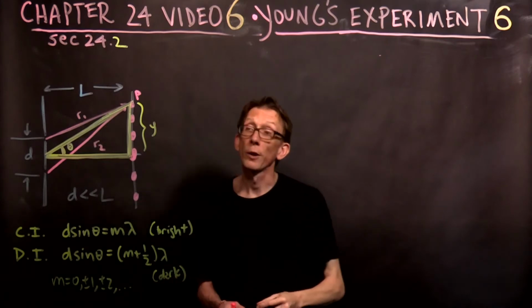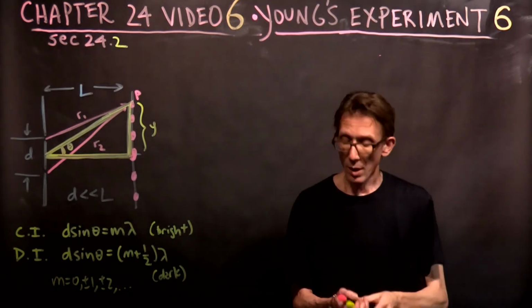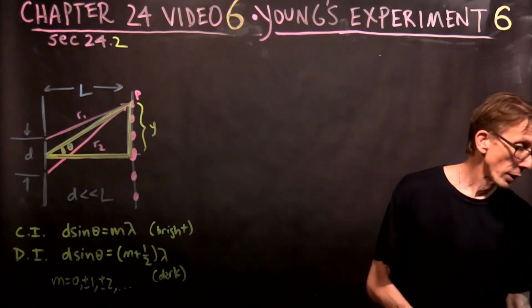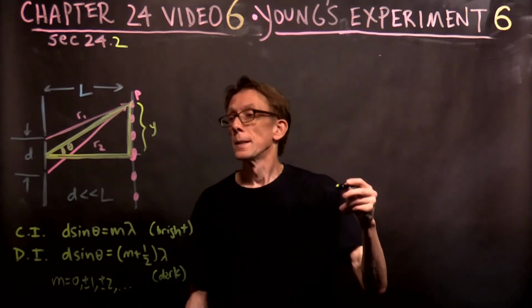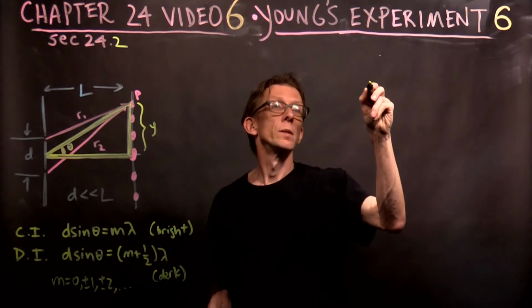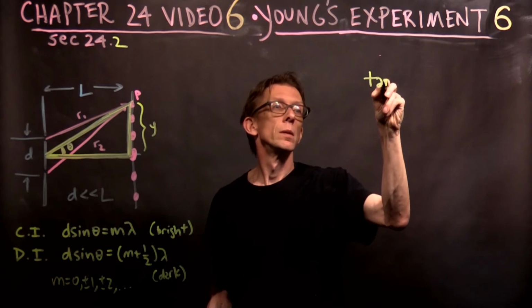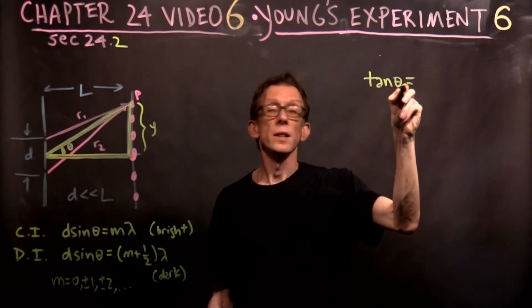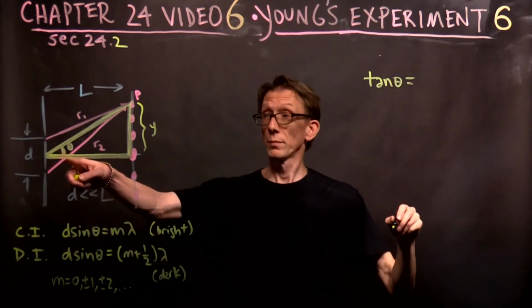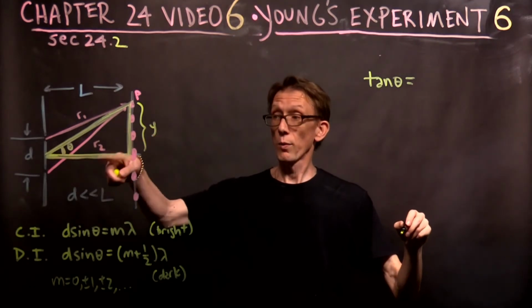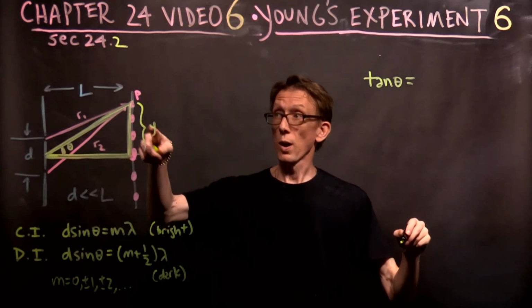That yellow triangle. Notice that in that triangle, the tangent of theta is equal to, right, there's theta, opposite over adjacent. That's y over L, right?